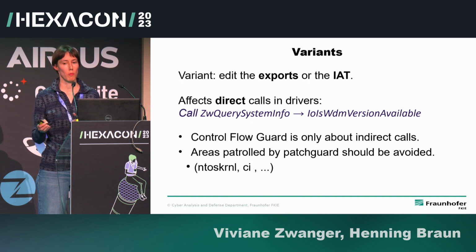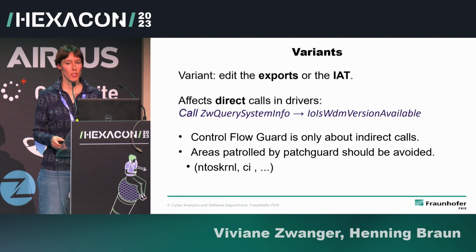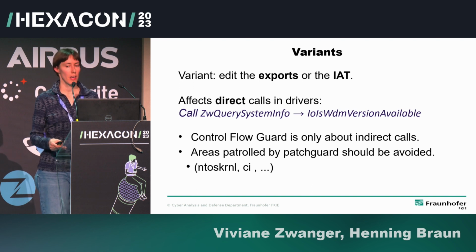And if you want to sabotage it, well, then just replace this ZwQuerySystemInformation API call by overwriting the address in the import address table and make it something else. For example, IoVDMVersionAvailable or something else.